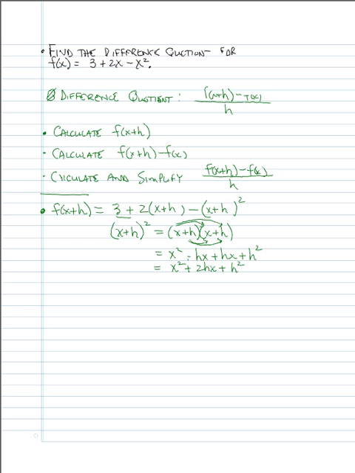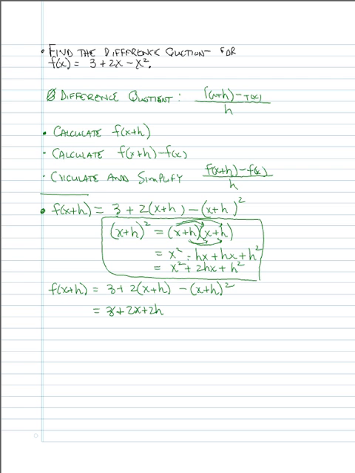Okay. Now, in the future, I may just write that down, but I think for the first time through, it's important to see where that came from. So back to f(x + h). It was 3 + 2(x + h) − (x + h)². And as we simplify that, we'll distribute that 2 times (x + h), that's a 2x plus a 2h.